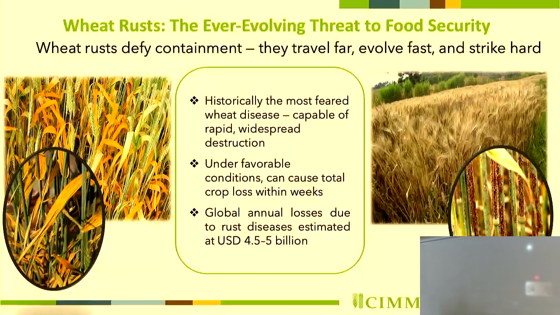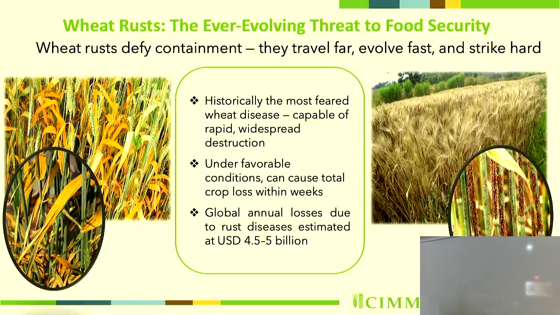I think most of us who are present here have been hearing talks about rust. And what makes it particularly formidable? We know that diseases are very important, and in the case of wheat, because there is a lot of area under production, the yield is very important.